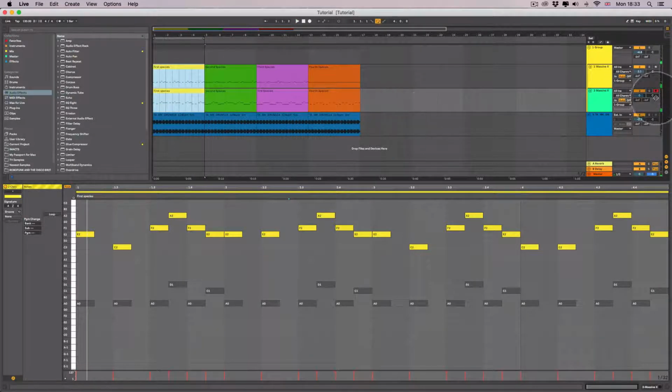Now I'm going to solo each one, so let's start by soloing the bass. And then the upper melody. And now together.